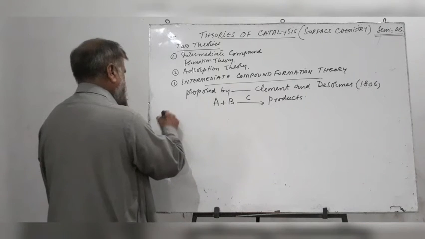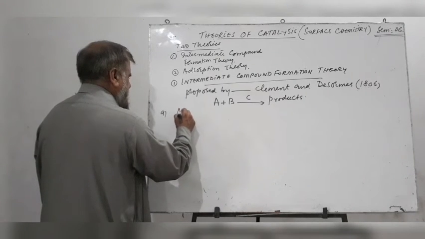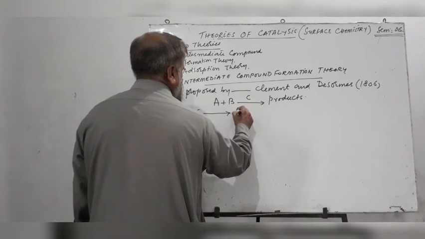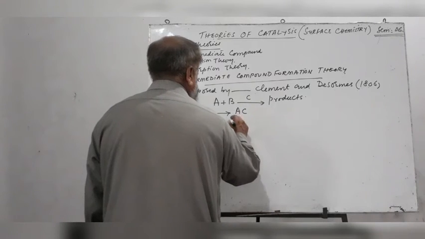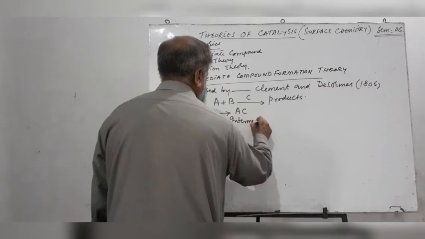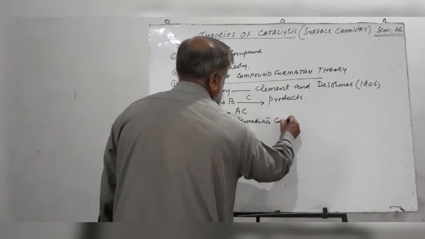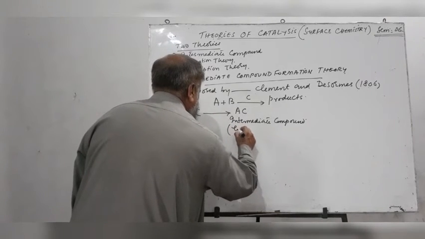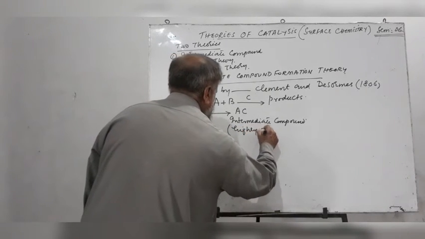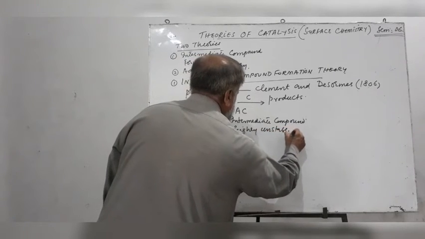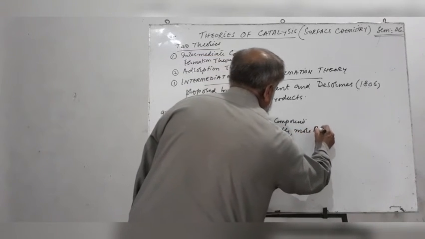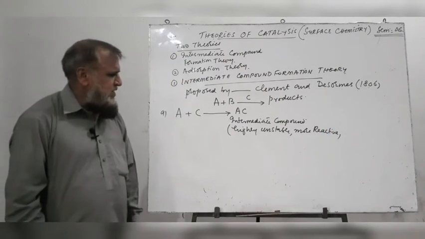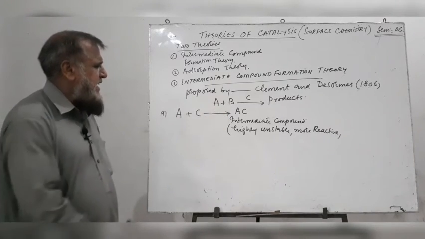First step is that the reactant A reacts with the catalyst C and produces an intermediate compound denoted by AC. This intermediate compound is highly unstable or more reactive. As it is highly unstable or more reactive, that is why it reacts with the second reactant B.